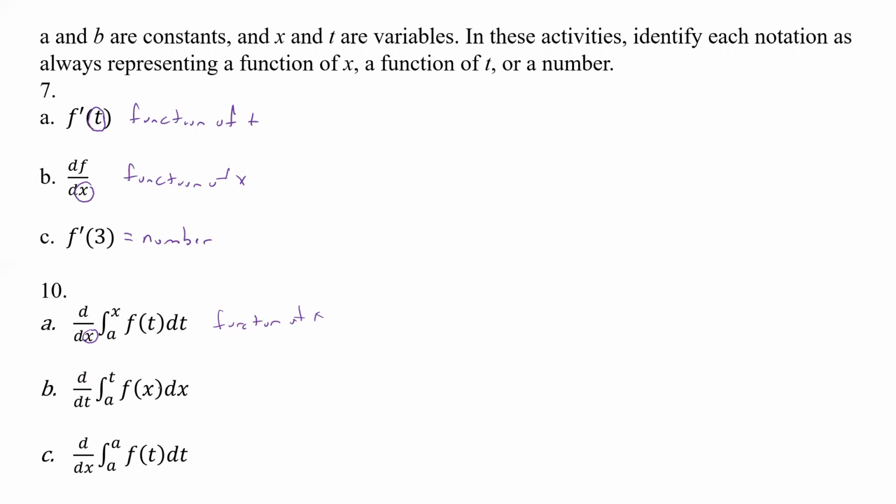Well, this one, we're going to get out a function of x here, but then when we do dx dt, that means we're going to have a function of t. And here, what happens? Well, if we're having this one and we're going to get out basically a value, a to a, that's going to give us a number, and then we take the derivative of that, well, that's just going to give us a number. So that's going to be our two different examples here. All right, so let's stop there and we'll come back for more.